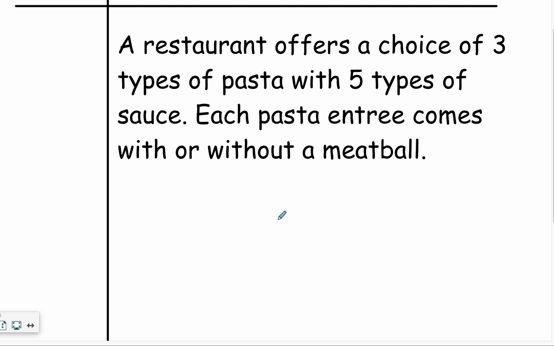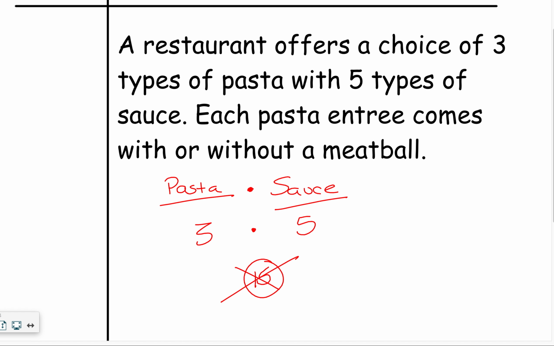So what do I have going on here? First of all, I have pasta. And with the pasta, how many options do I have? I have 3. Next, I need to multiply that by my options for the sauce. How many sauce options do I have? Well, 5. I have a lot of kids who tell me the answer to this is 15, but that's not right because we still have this with or without a meatball.